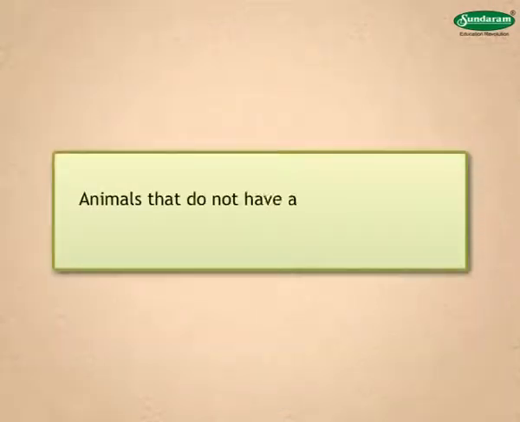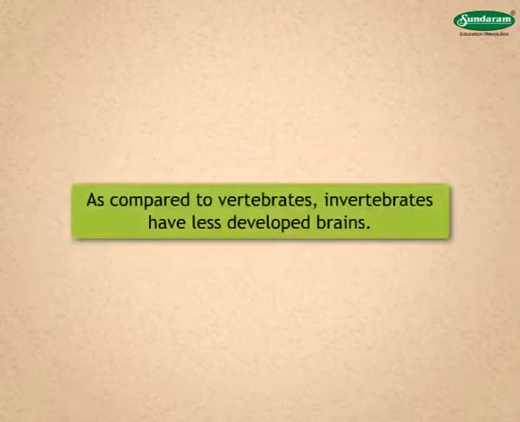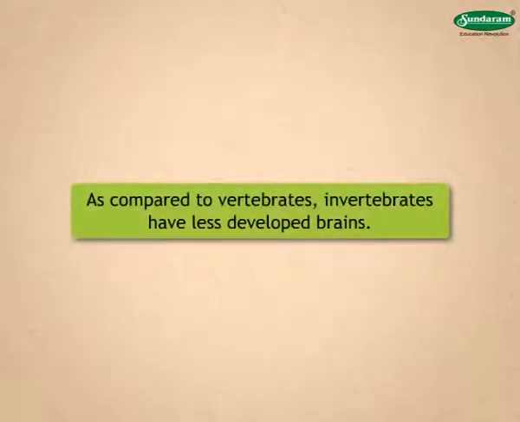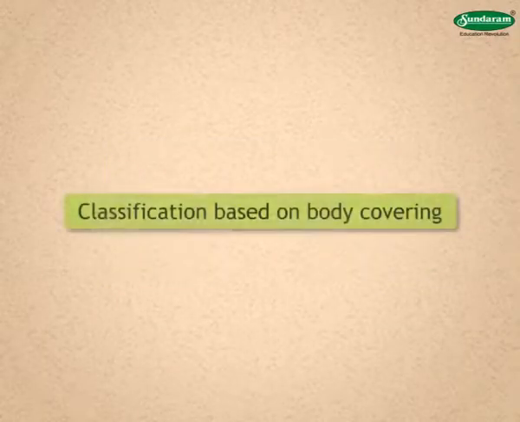Animals that do not have a vertebral column are called invertebrate animals. As compared to vertebrates, invertebrates have less developed brains. Classification of animals based on the vertebral column.